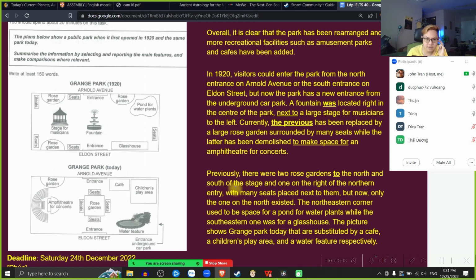They said there are 3 rose gardens actually. I understand now. Okay, 2 over here, north and south. It's replaced, but the one on the right of the northern entry, with many seats placed next to them, với nhiều cái seats đặt cạnh nó. But now only the one on the north existed.